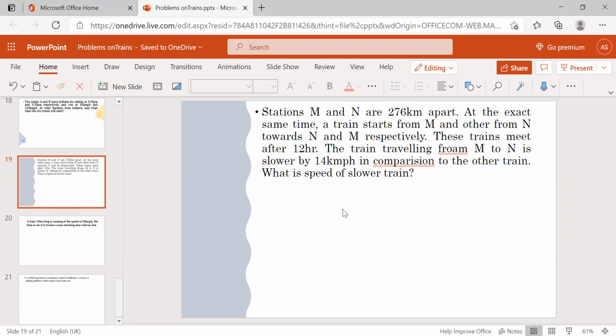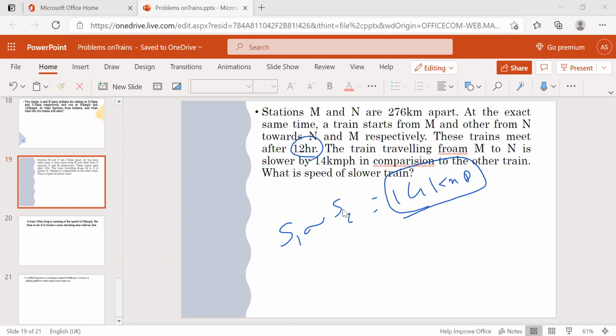First take the difference of the speeds. The speed difference is nothing but 14 kilometers per hour. With this 14 kilometers per hour, it travels 12 hours.